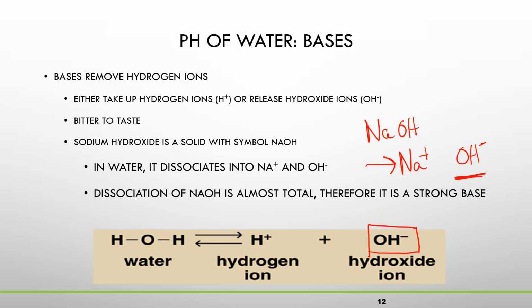All those things you lock up in your kitchen cabinets are very strong bases, and so they are very toxic, just as a strong acid is toxic. So anything that increases OH is a base. Anything that increases H is an acid.